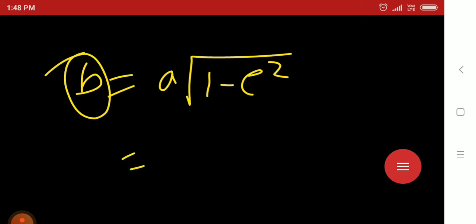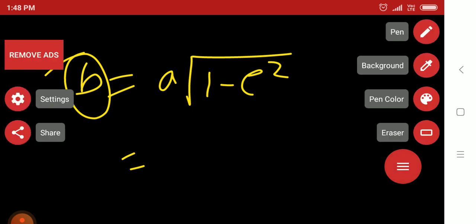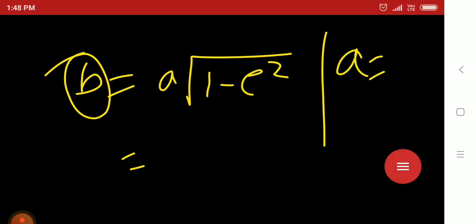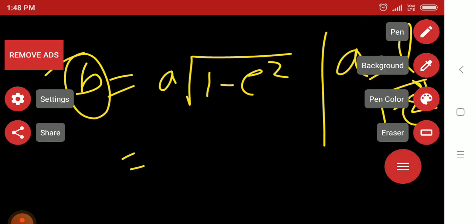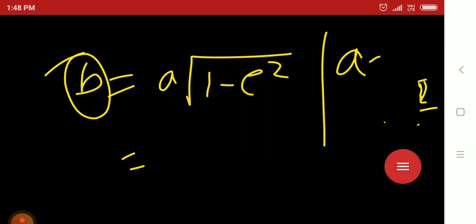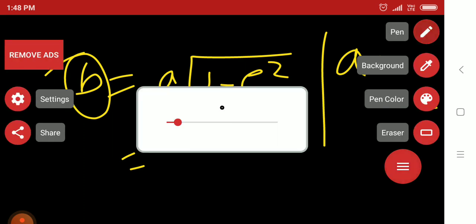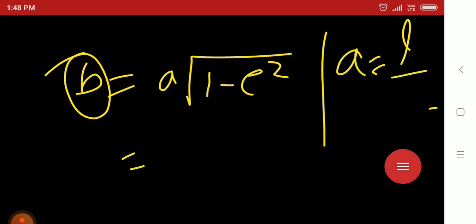So from here we can write, 1 minus e square, what we have got? From a, a equals L by 1 minus e square. Just a few times ago, we have derived this. a equals L by 1 minus e square, and b equals a into root of 1 minus e square.